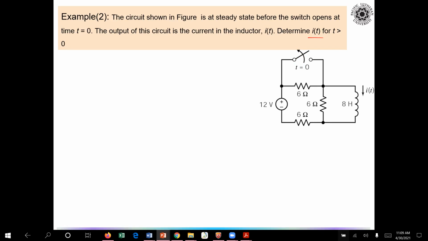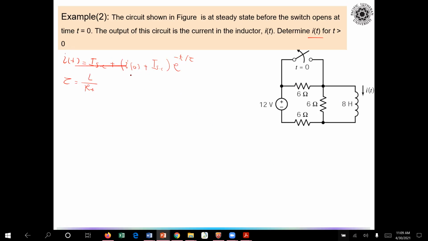Generally, when you solve a problem like this, we have two things we're going to follow: the formula. Right now, I have the inductor, so the formula I try to follow is i(t) equals i short circuit, plus i(0) minus i short circuit, times exponential of minus t over tau, where tau is L over R total.